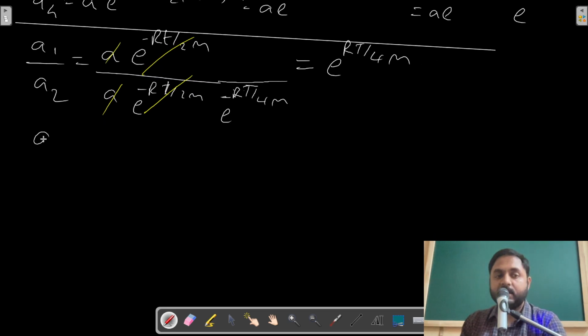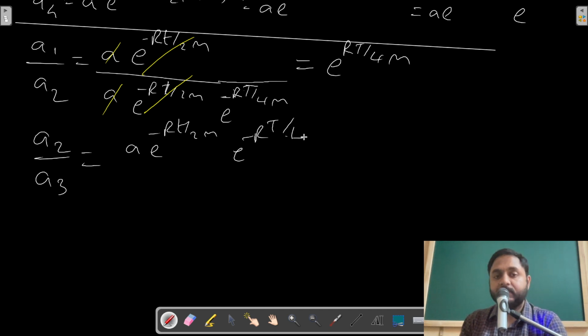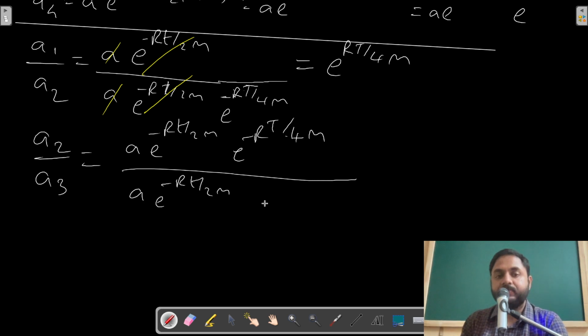Let us try with A2 and A3. Again, the numerator will become A e raised to minus rt by 2m, e raised to minus rT by 4m, divided by A e raised to minus rt by 2m, e raised to minus rT by 2m.